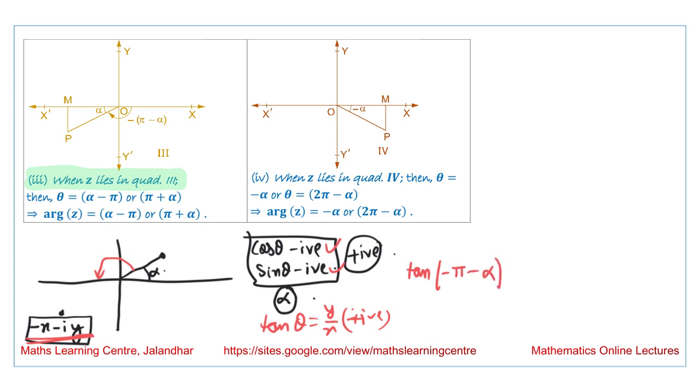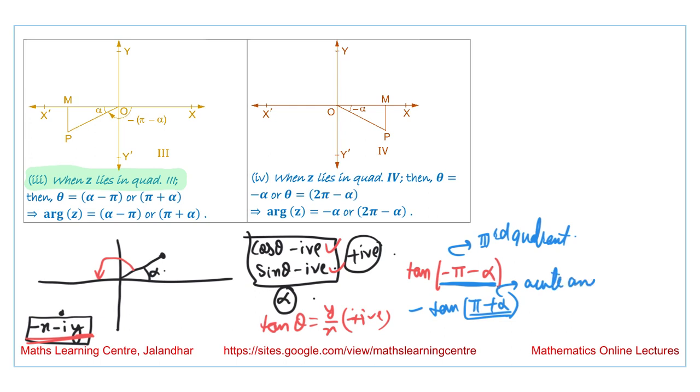If we perform this operation, clearly this minus pi minus alpha will lie in the third quadrant, and if we solve this value, this is minus tan of pi plus alpha, and tan of pi plus alpha, where alpha is an acute angle, is equal to minus tan of alpha, so that is equal to tan alpha.